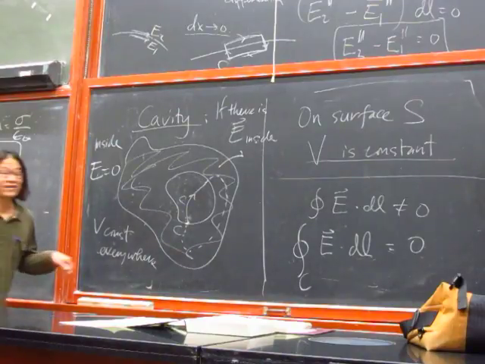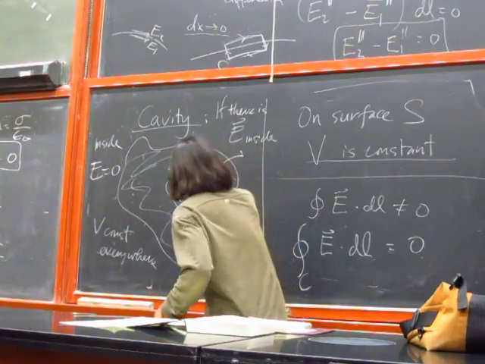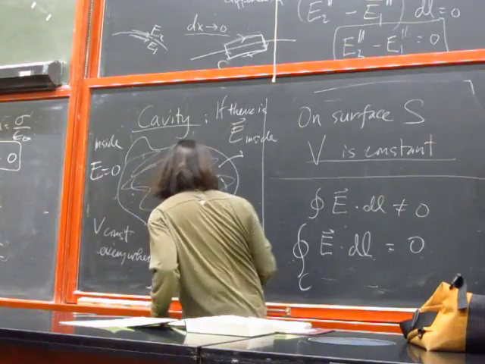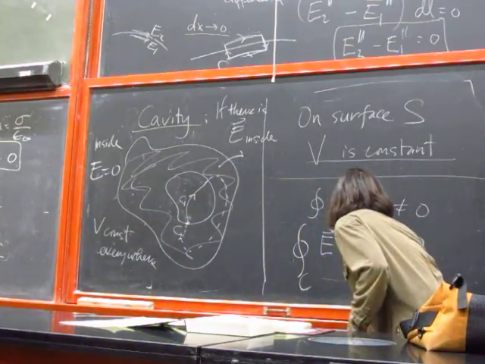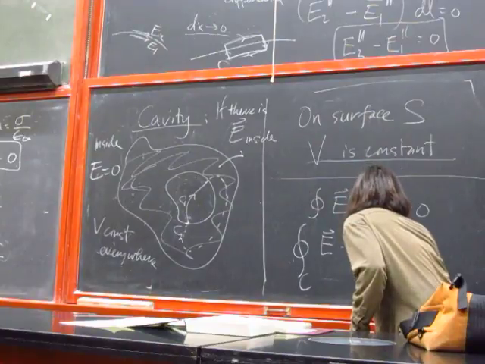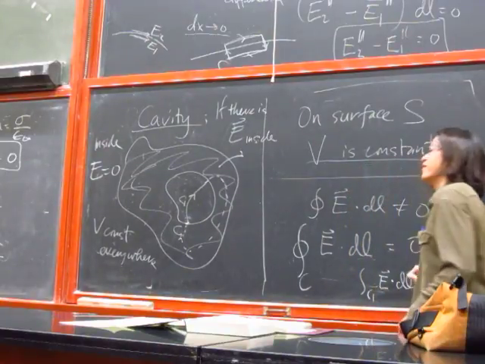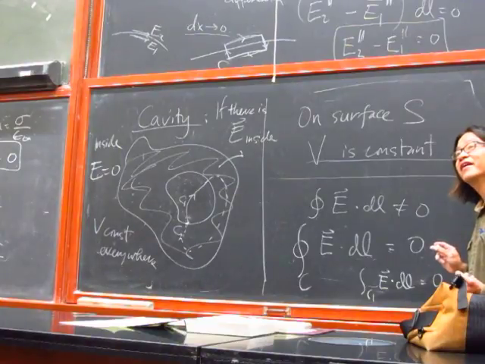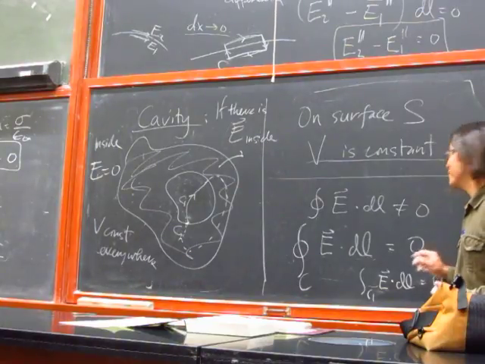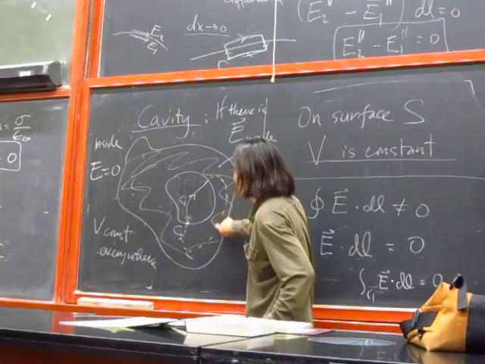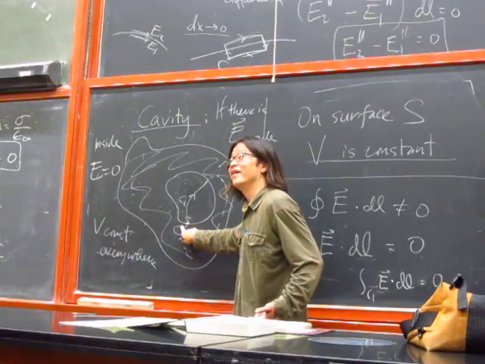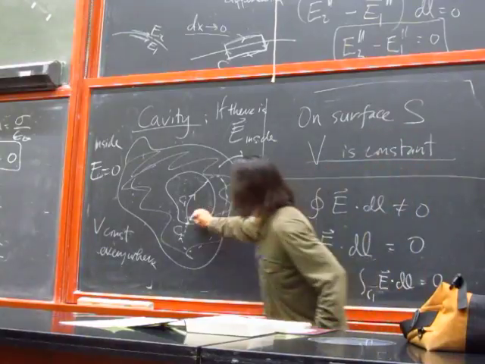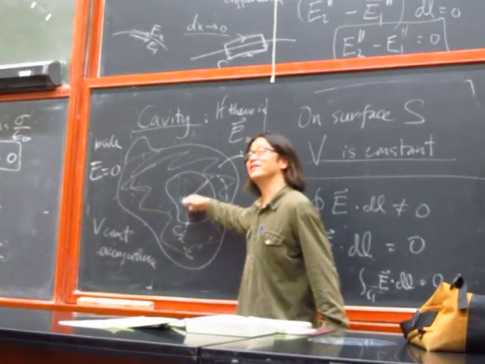So let's call this portion C1 and the rest C2. The integral of E dot dL along the conductor part is 0, because that part is already identically 0. Therefore, there cannot be any electric field in here.